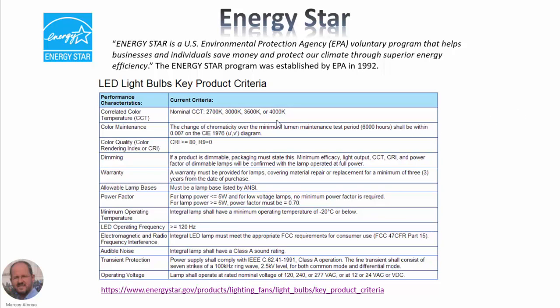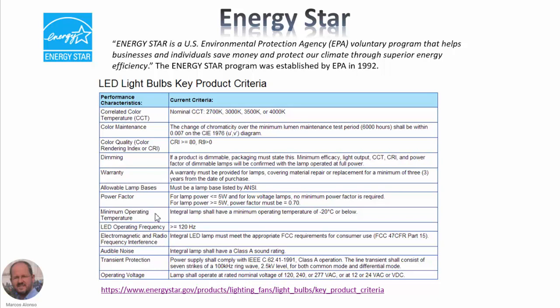So we can see here different regulations proposed by this program. For example, it regulates the correlated color temperature of the LED bulbs with these nominal values, the color maintenance, the color quality, and so on. So we have different characteristics for the light bulbs.